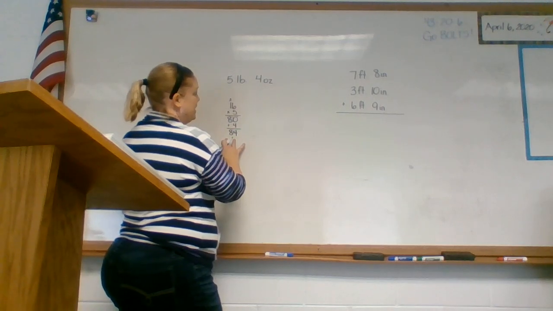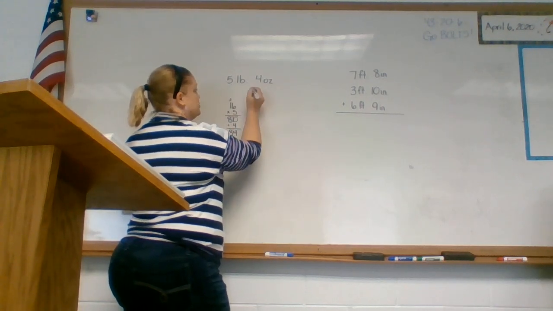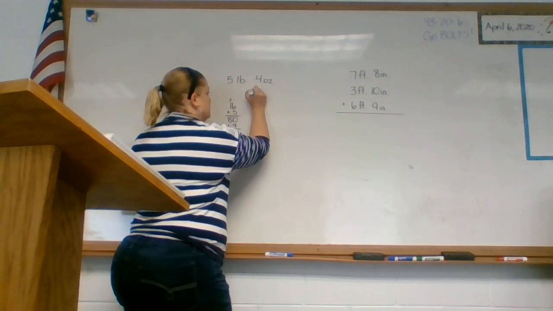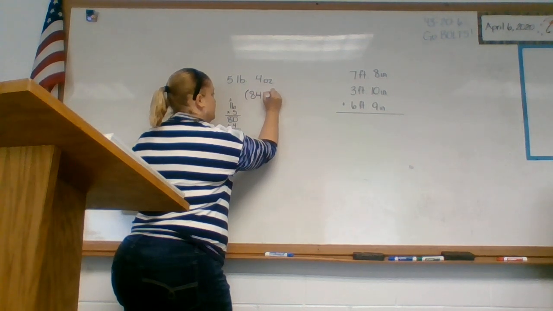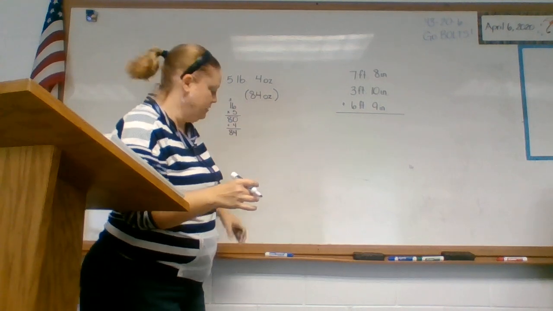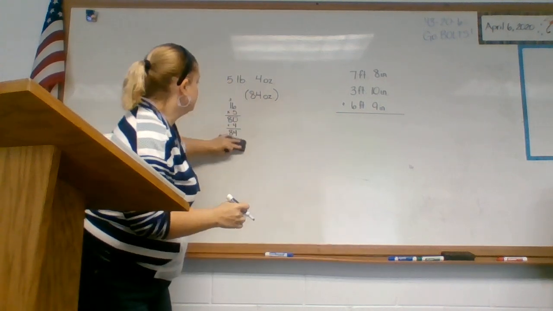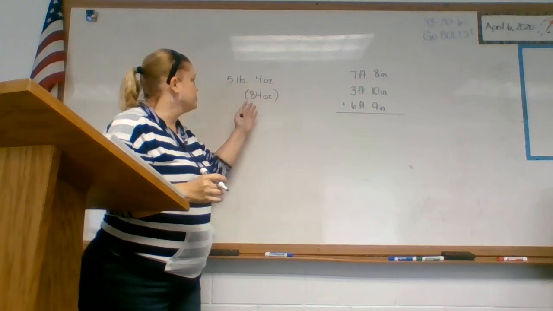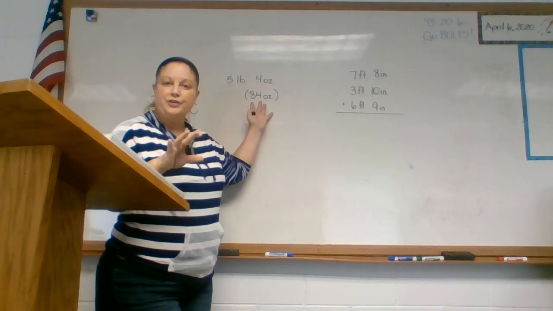All right, we have 84, so if we're just converting it to the smaller unit, you're going to have 84 ounces. So that's one way to simplify, into the smaller unit.